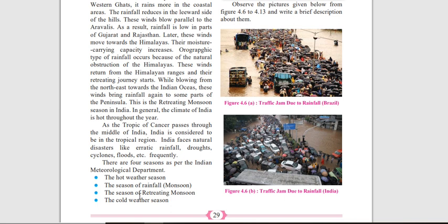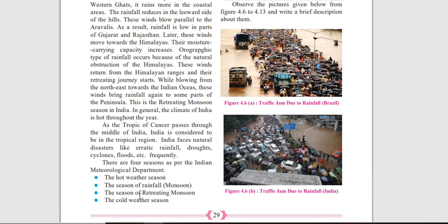The second is the season of rainfall or the monsoon season from June to September. Third, the season of retreating monsoon from October to November. And the fourth one, the cold weather season from December to February.